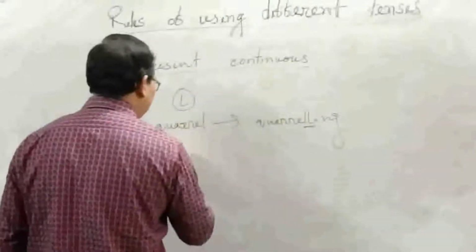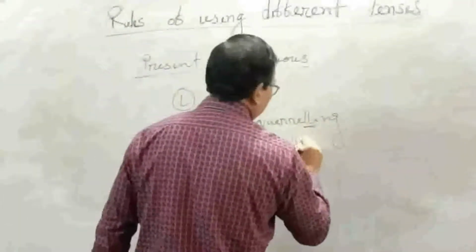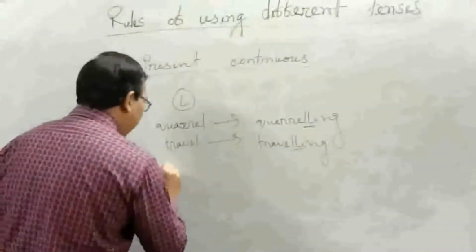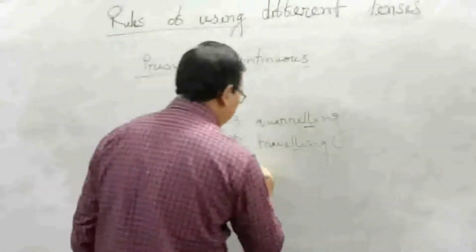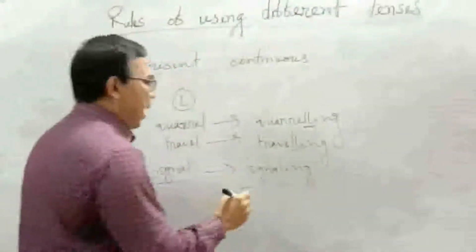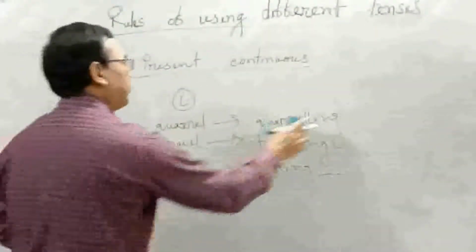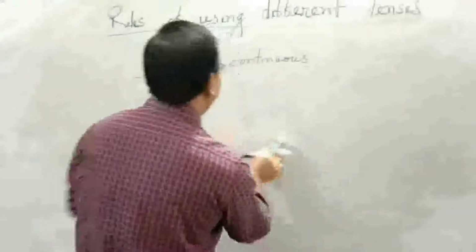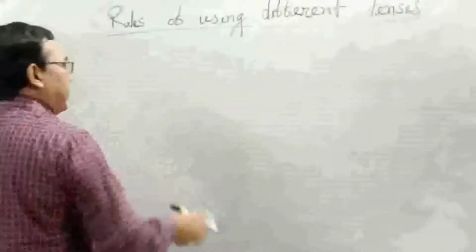Travel, traveling. L is doubled. But the exception is signal, signaling. In American English, L is not doubled, but in British English, L is doubled. So my dear students, these are the related spelling rules of present continuous or present progressive tenses.